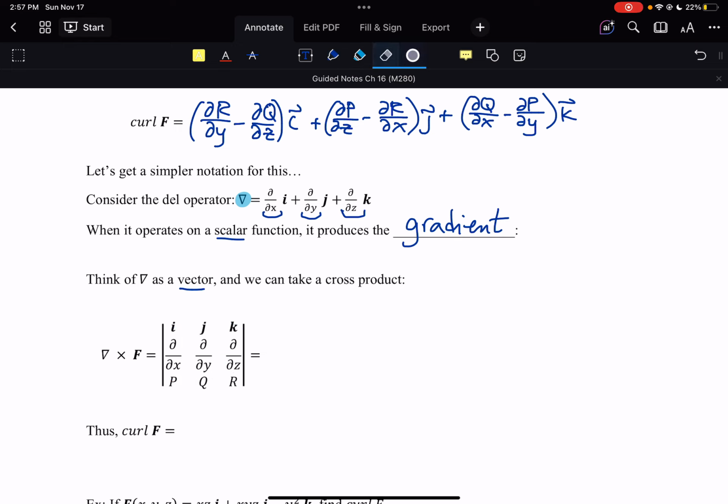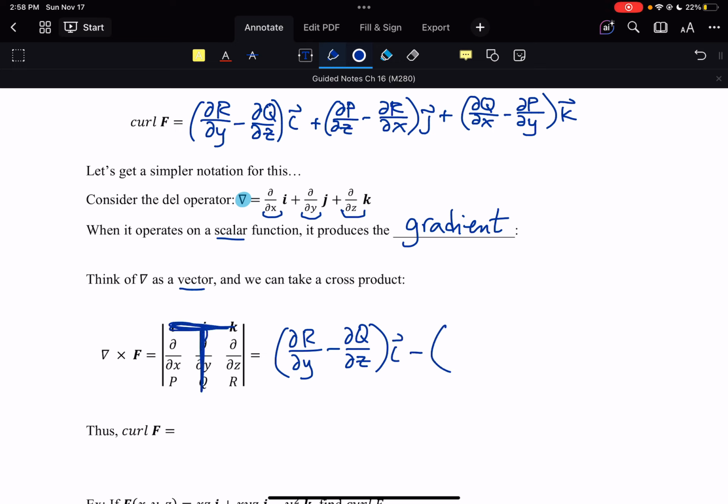So we're going to have partial of R with respect to y minus partial of Q with respect to z, and that's the i component.